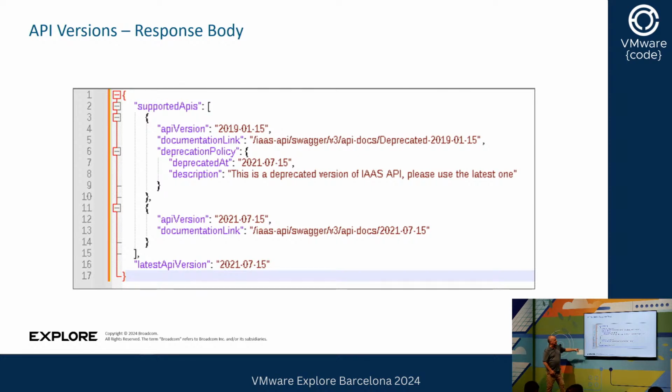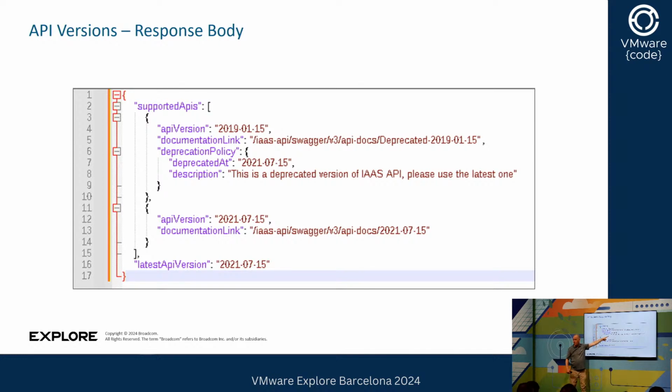If you look at our response, line number 2 says that the response contains an array. Lines 3 through 10 are the first element in this array. That first element tells me what we call this version. So this is a specific version.